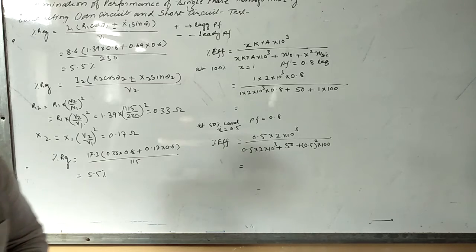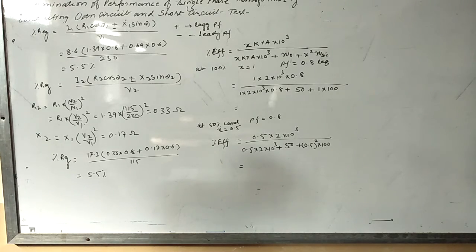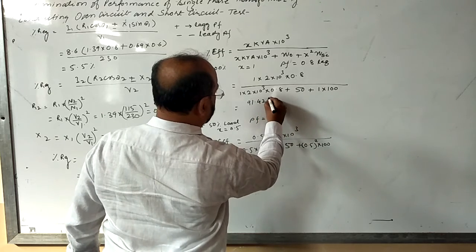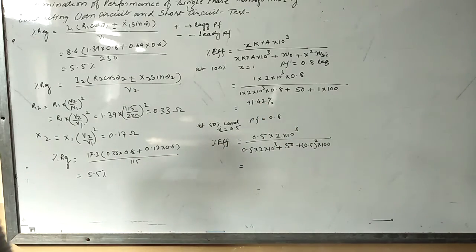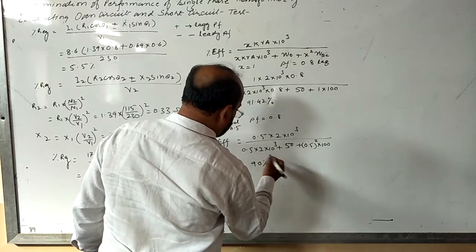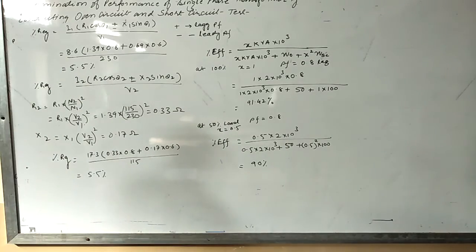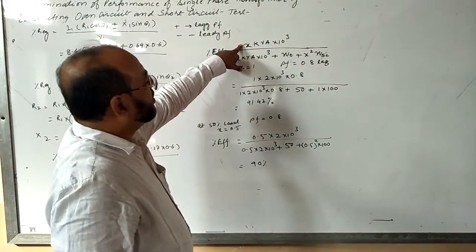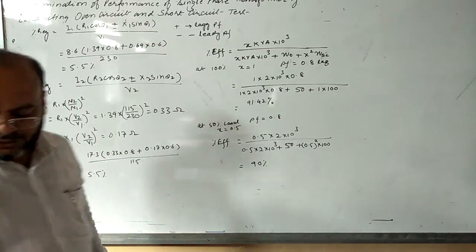So at 100% it is 91.42% efficiency, whereas for 50% again it is something like 90 or 91% efficiency. Similarly, if you put the value of x equal to 0.8, that is 80% load, you get the efficiency, and so on.